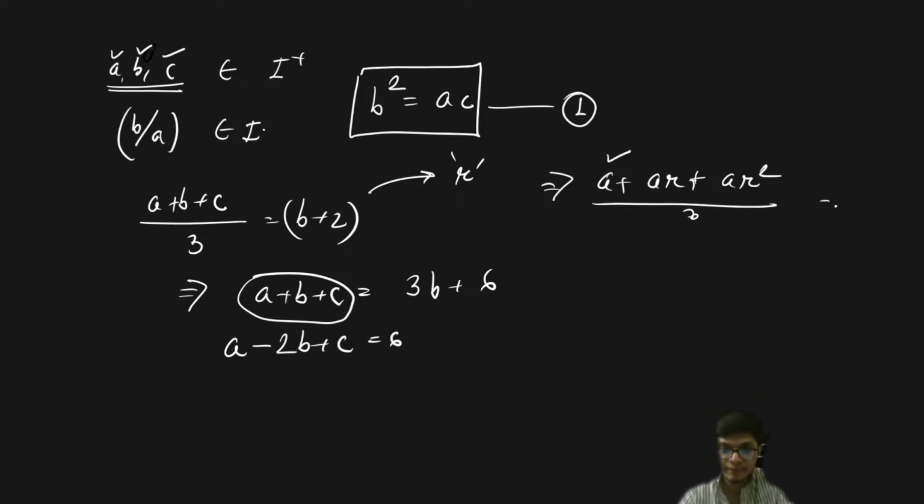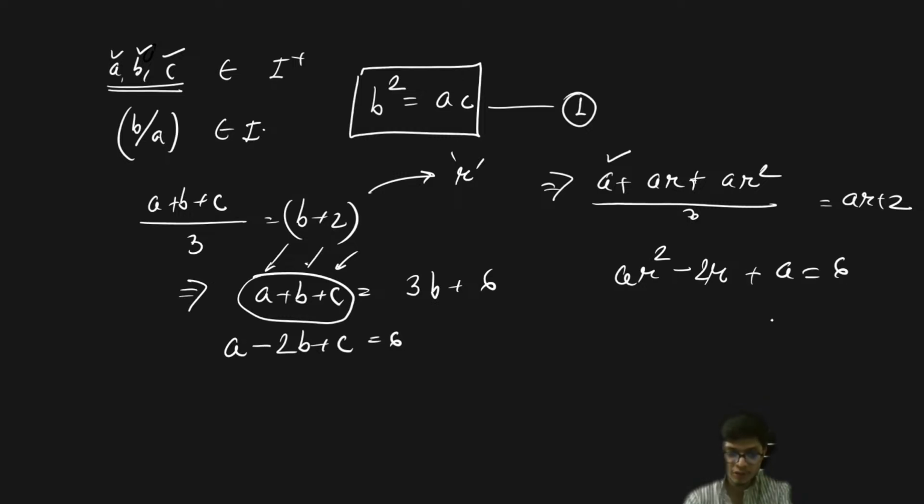Divided by 3, it is equal to ar plus 2. So instead of having 3 variables, I'm trying to reduce it to 2 variables. And from here I get the result ar squared minus 2ar plus a is equal to 6.